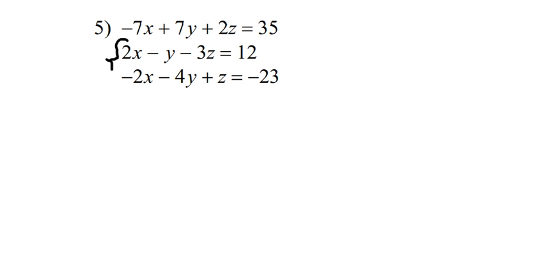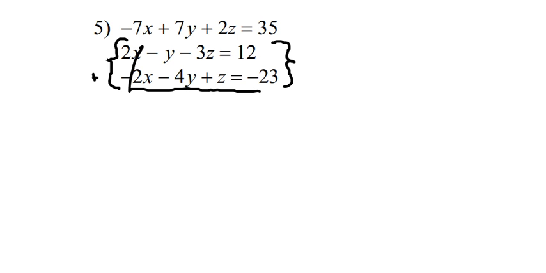For example, we can pair up these two equations, and I think that's probably what most people see first, is that if we add these two together, 2x plus negative 2x, no more x's. Negative y, we're adding these.